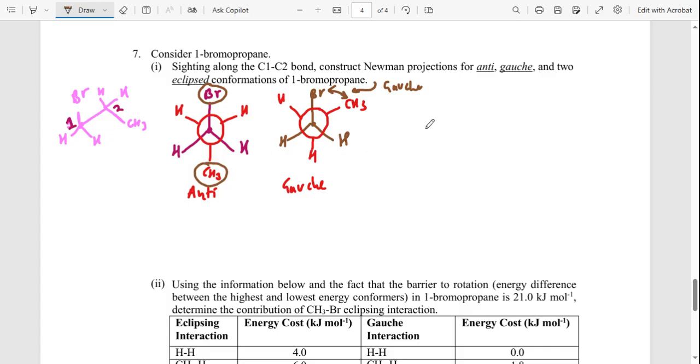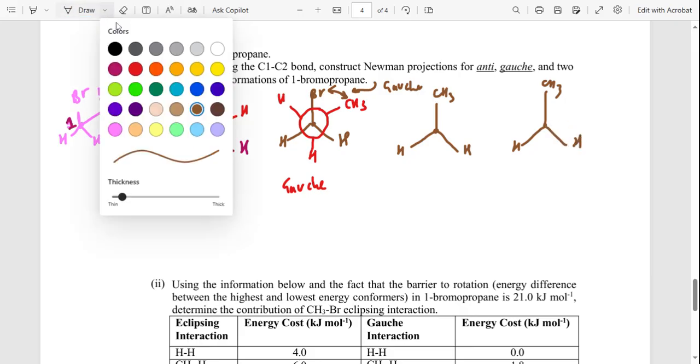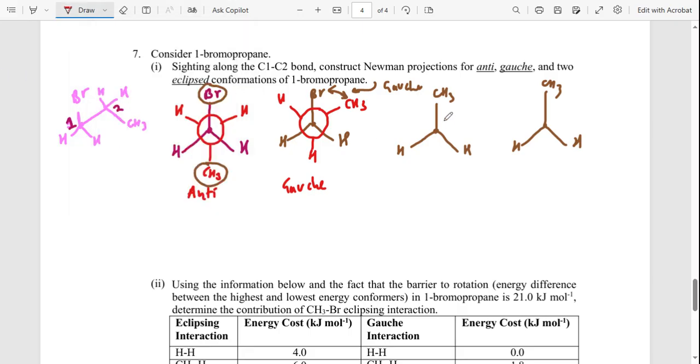And then we draw two eclipsed. We're going to have one: we still have CH3 on top, hydrogen here, and hydrogen here. And then another one, still with CH3 on top, hydrogen here, and hydrogen here. We can have an eclipse where the Br is here, and then the hydrogens will be here.